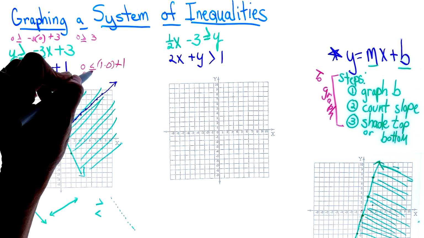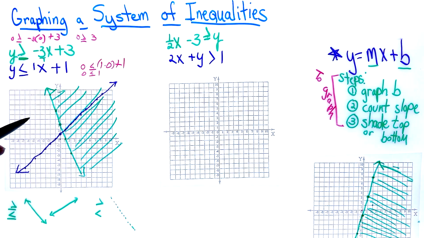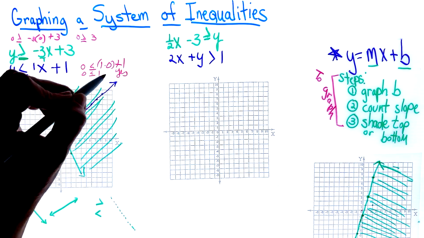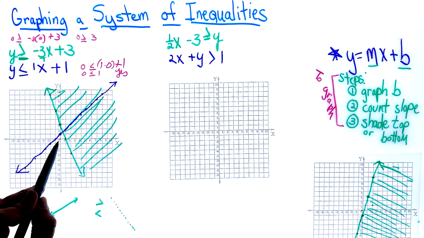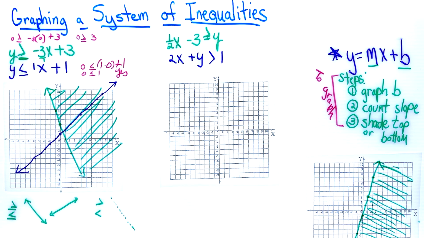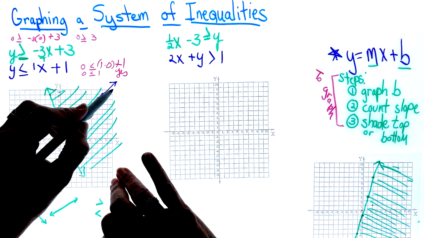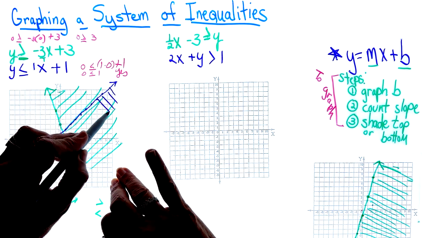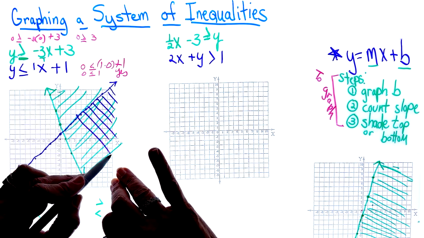So is 0 less than or equal to 1? Oh, the answer is yes. That means where my ordered pair is, I now will shade it, and that is the bottom part of the line. And I'm starting up here, and notice I am doing all of my shading.